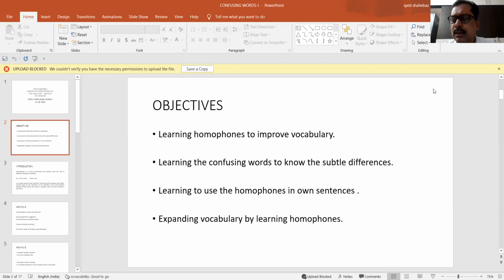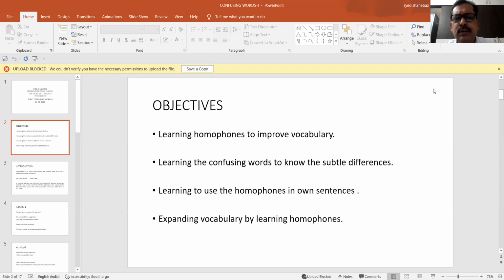These are all different methods, strategies of improving vocabulary. Homophones or confusing words is also one of the strategies of improving vocabulary. And this is a somewhat tricky one. That's why it is called confusing.